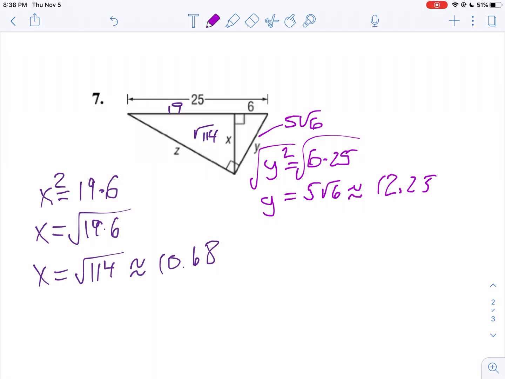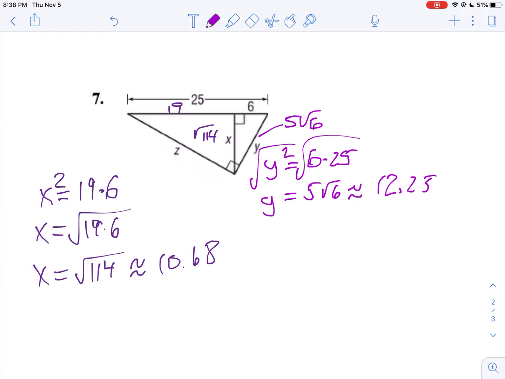Now we could find z in a couple different ways. Since we know y and we know the hypotenuse, we can use the Pythagorean theorem. Or we could use the same formula I just used for y, because z is the leg.